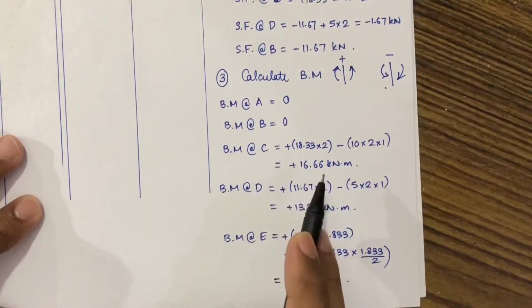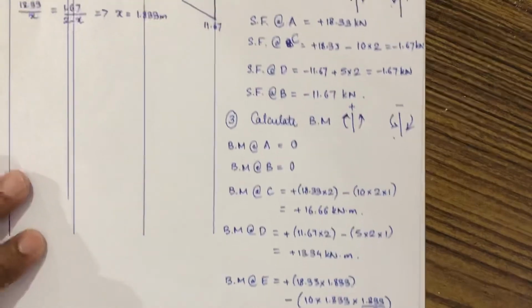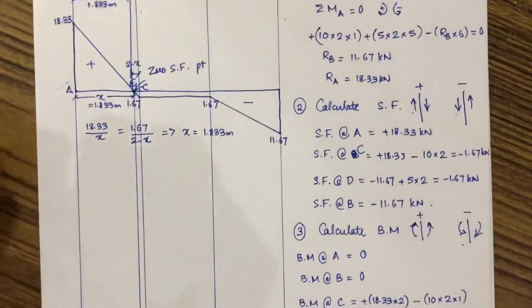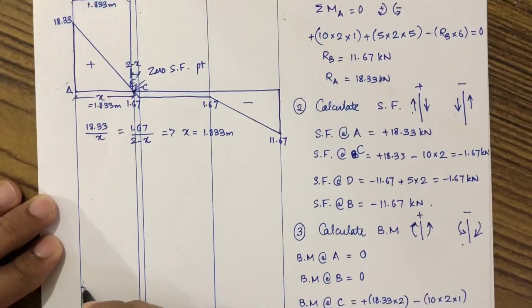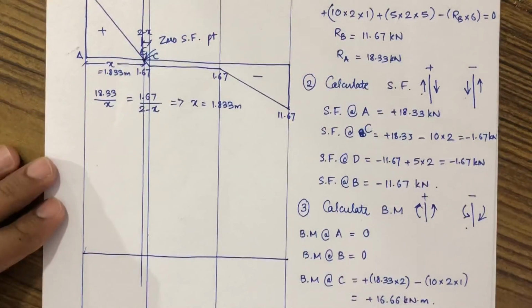Here it is 16.66 and here it is 16.8. So while plotting the bending moment diagram, at A it is 0, at B also it is 0.